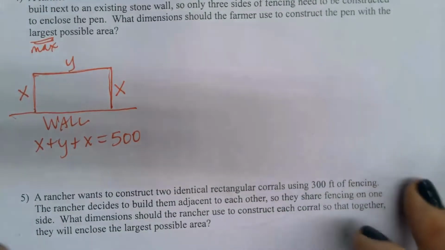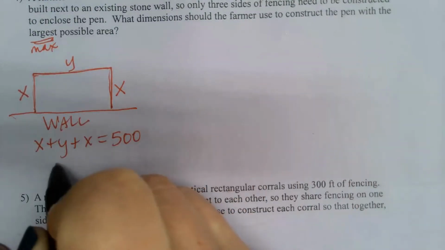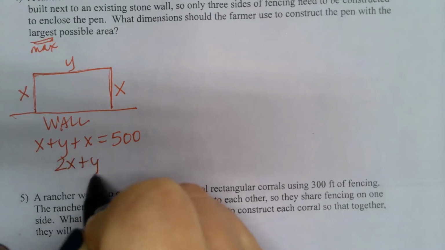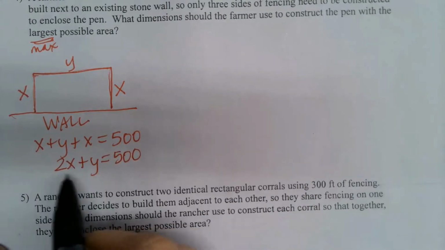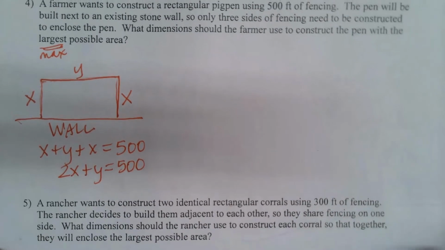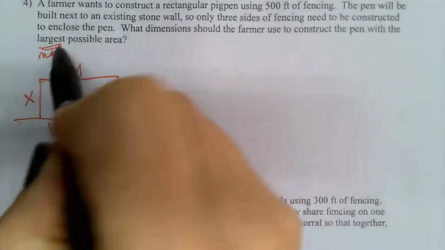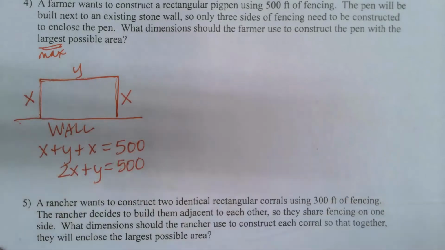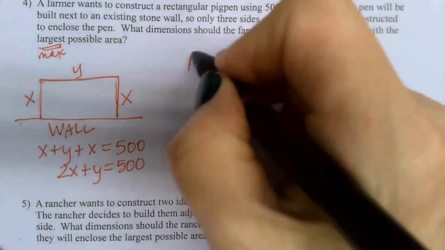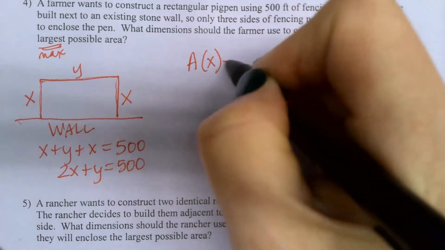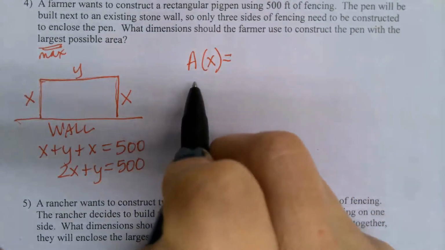So what I have here is an equation in terms of x and y. But that's not what I'm trying to maximize. I'm trying to find the largest possible area. And so my function that I'm going to be working with actually has to do with area.